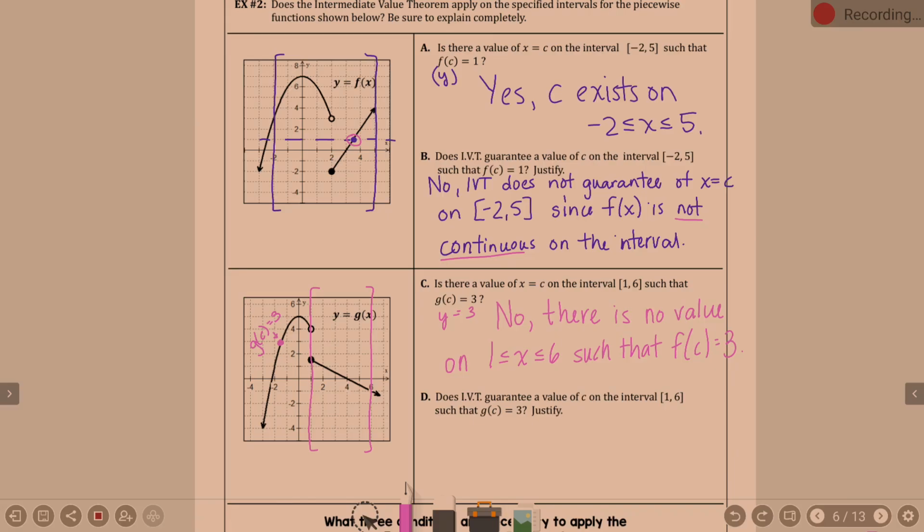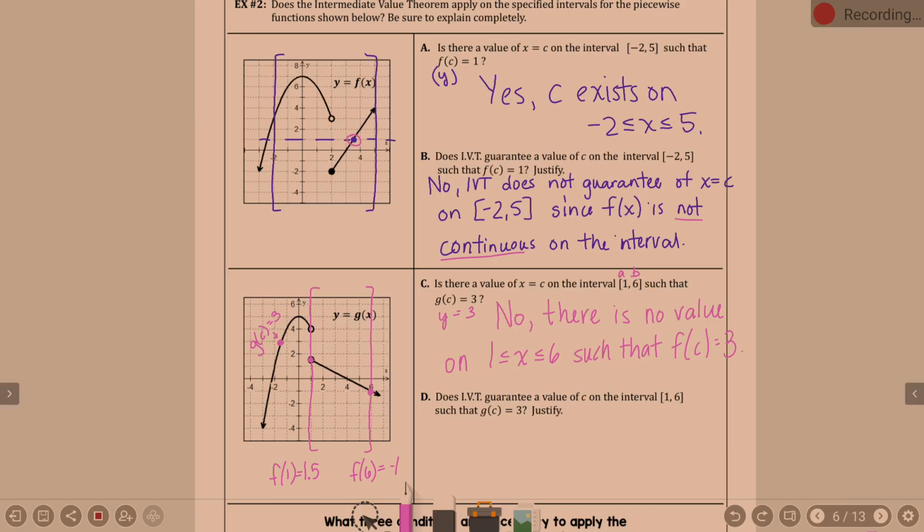My a and b are 1 and 6. What is f of 1? 1.5 maybe? Yeah. What is f of 6? -1. What's the problem with 3? It's not between -1 and 1.5.